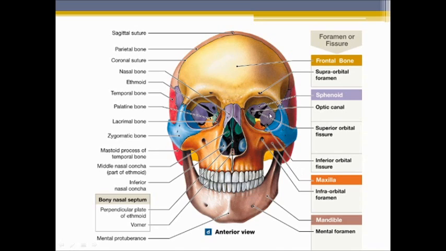The inferior orbital fissure sits between the sphenoid and the inferior part of the orbit, which ends up being part of the maxilla. Here we can also see the vomer and the perpendicular plate of the ethmoid. We can also see nasal conchae here, inferior and middle.